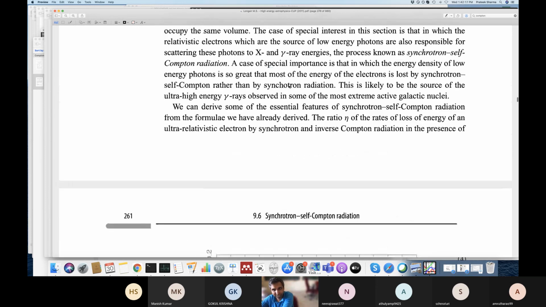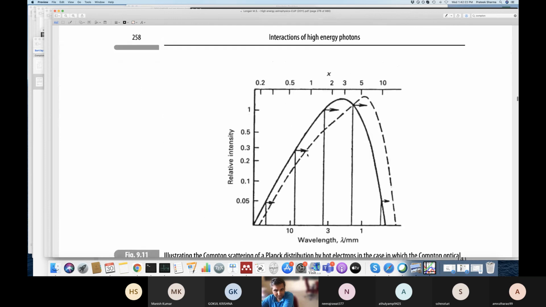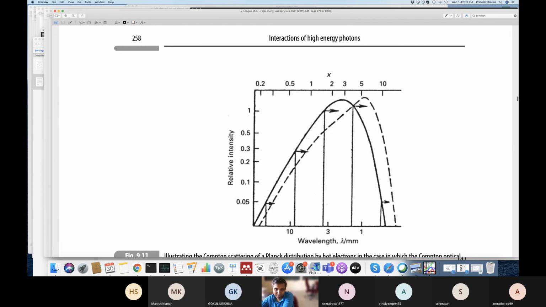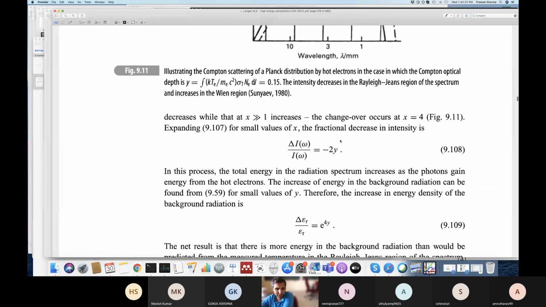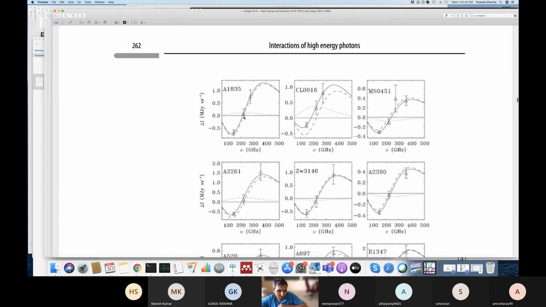If you go back here, at low frequencies your observed spectrum should be slightly lower, and at high frequency it should be higher, and it should be the same at this frequency, which I think is 220 gigahertz. In these real systems, this is 220 gigahertz, you have a null. Here you have a decrement, and here you have an excess.